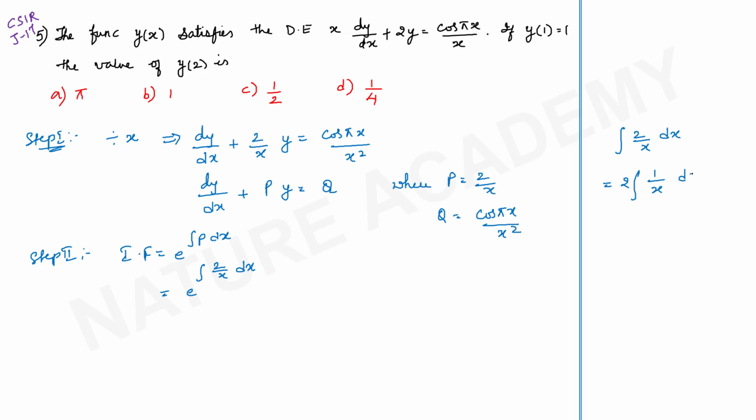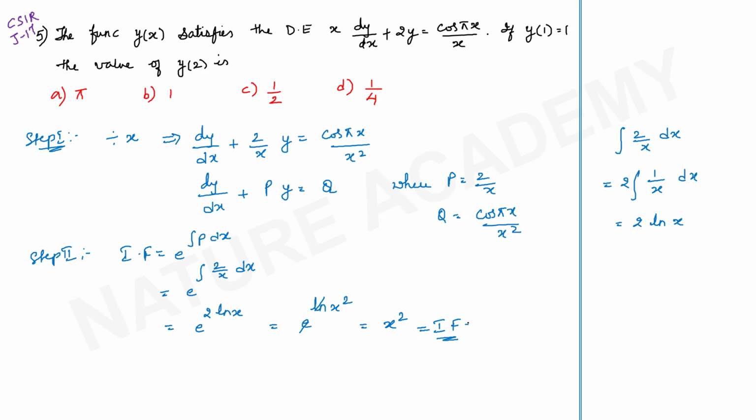I will have integral 1 by x dx, and this will be 2 log x. So I will write 2 log x in the place of the power of the exponential, or I can also write it as e raised to log x square. Log and e get cancelled, and this will be x square.